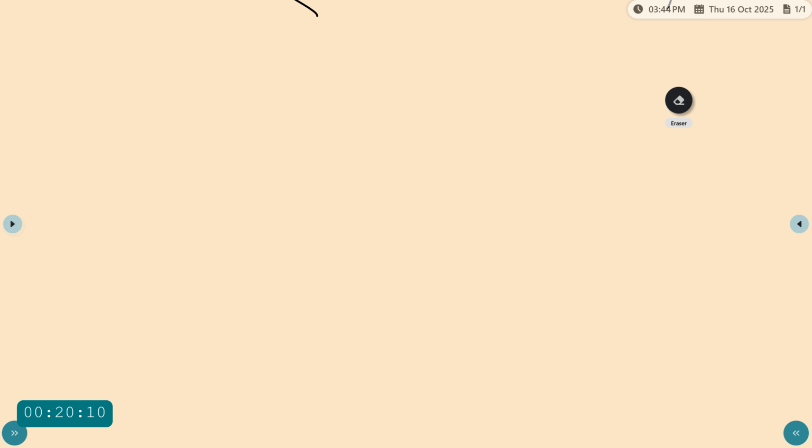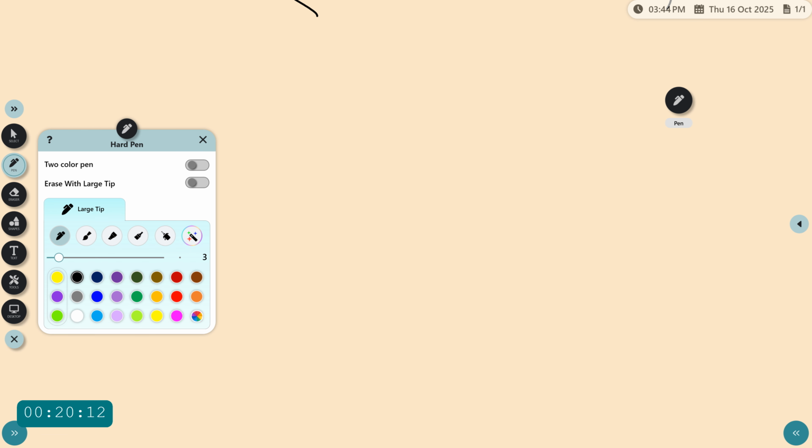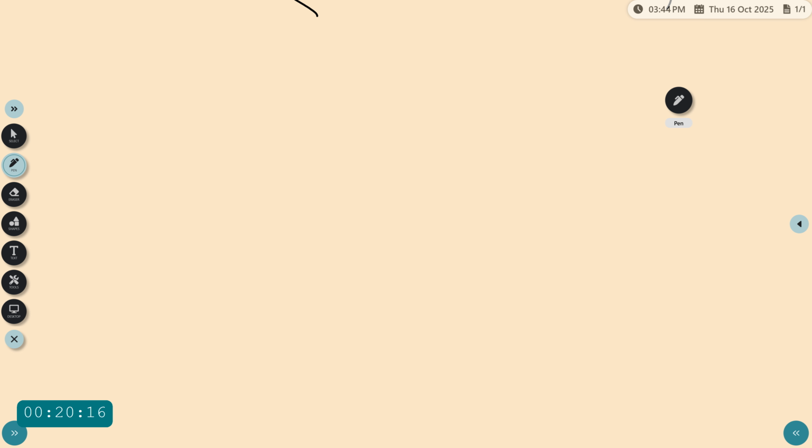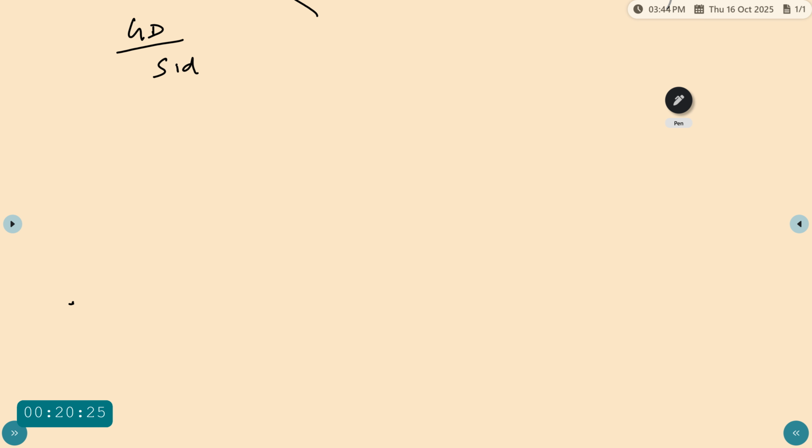Okay. Now we will move on to the problem. Given data. Side of the plate is 60 centimeter, so converting it to meter, 0.6 meter.